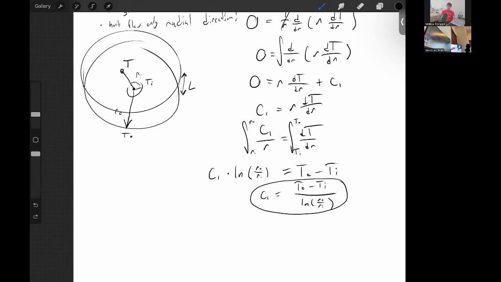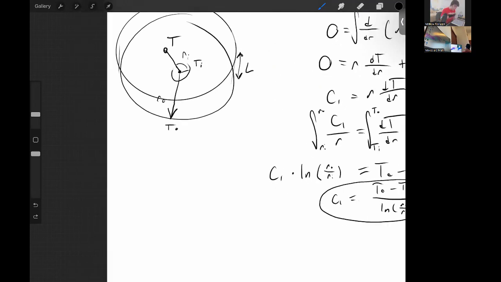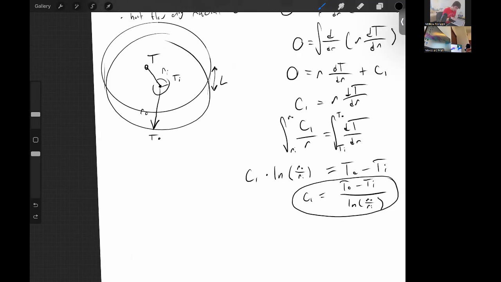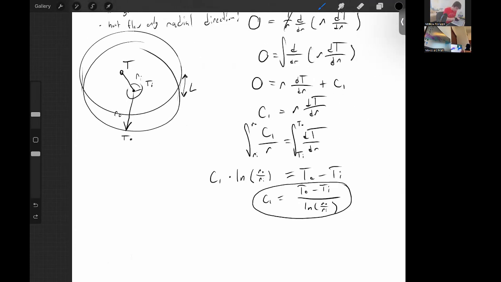So this is where we're going to begin shifting topics. Instead of just proceeding forward and assuming this is true, we're going to do something called making dummy variables and see if this calculus holds up at just T in general. So I'm going to take the same equation and we're going to say it's C1 over R equals dT, the change of temperature over the change of radius.